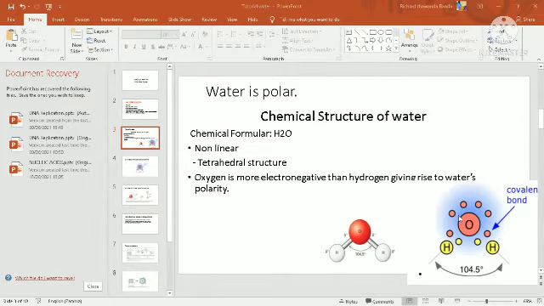The oxygen atom and the hydrogen atoms are covalently bonded, forming water. The bonding that forms the water molecule is depicted in these two images here.